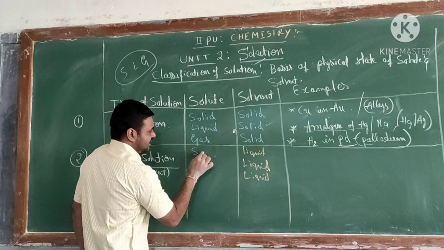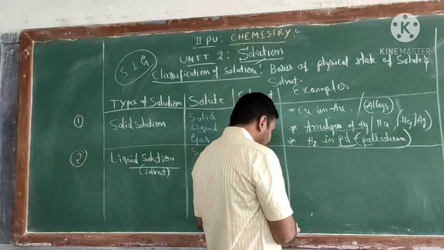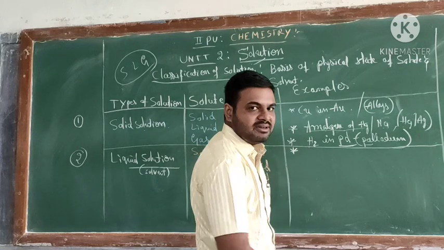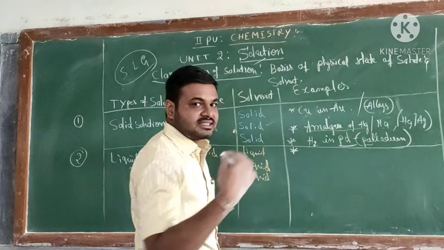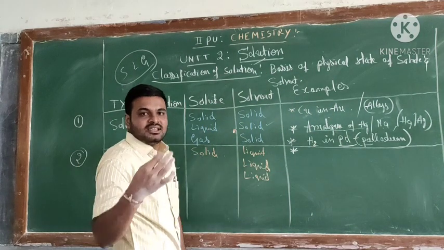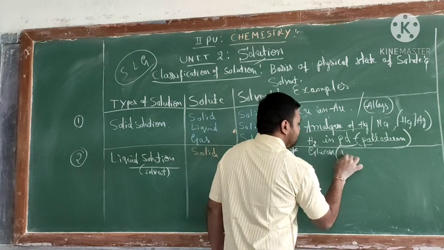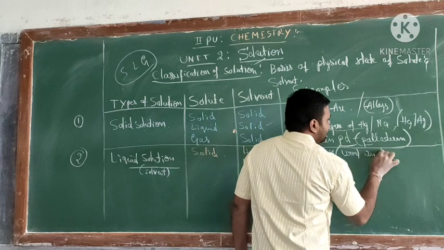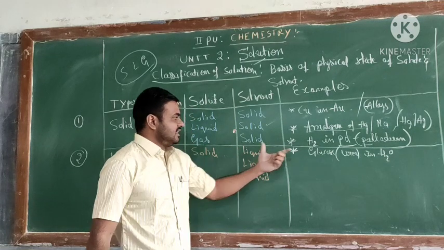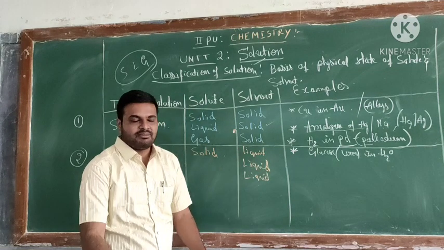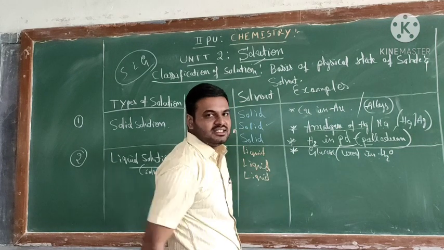First we consider solid in liquid. For example, glucose, urea or sugar in water. Water is the liquid and glucose is the solid. Mixed together, they form a homogeneous mixture. It is a binary solution: one is the solvent, another is the solute.